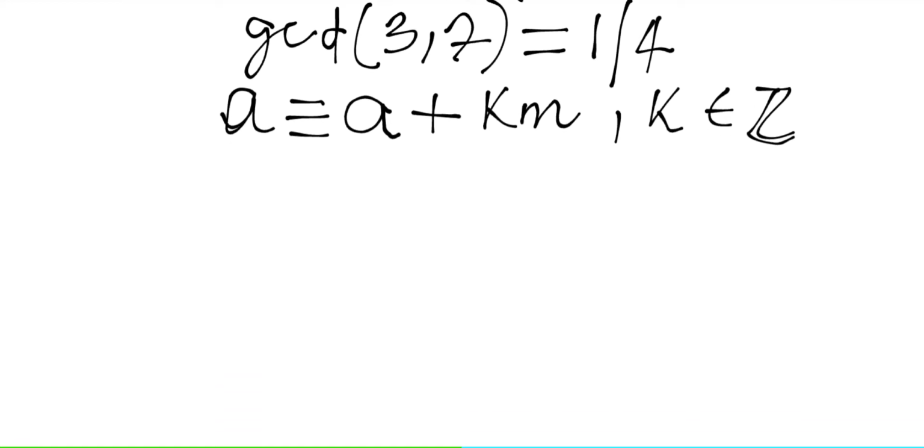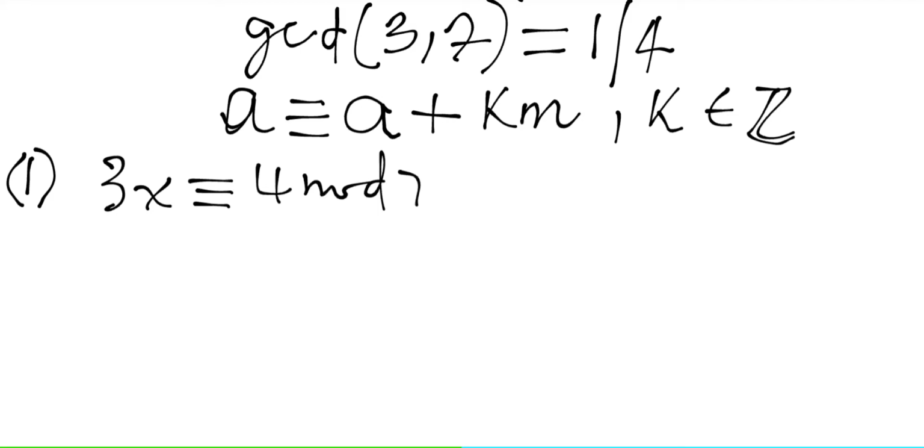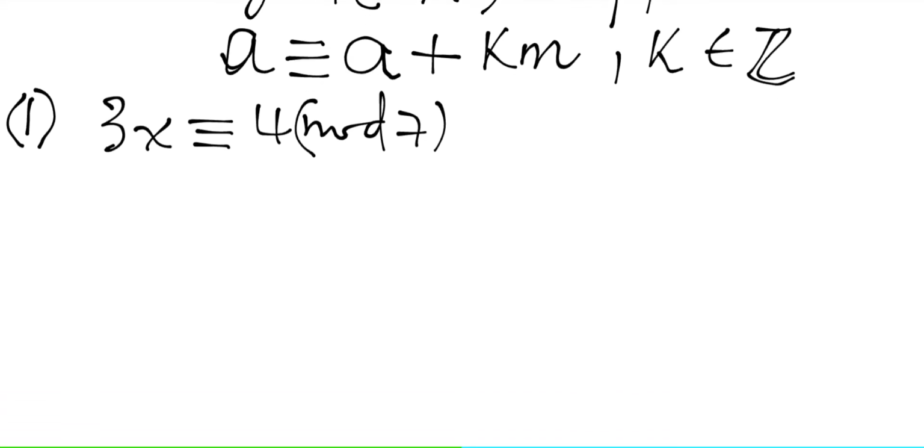So that is the principle that we are going to be using for these shortcuts. I will start straight away by demonstrating the first trick that you can use in solving 3x is congruent to 4 mod 7. I can modify 3 or 4. It's either I modify the coefficient of x or I modify the number immediately to the right of the congruent sign, which is usually the remainder in the real sense.